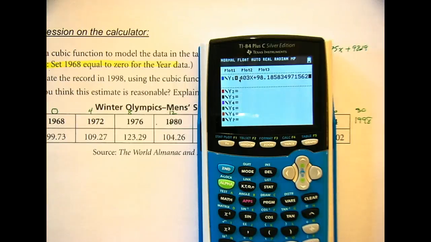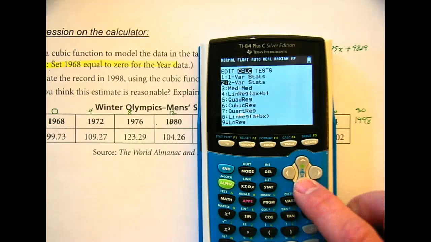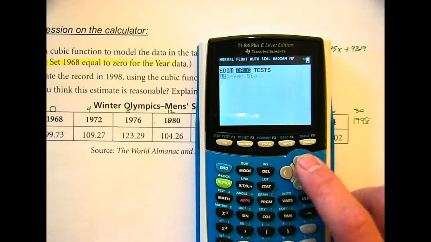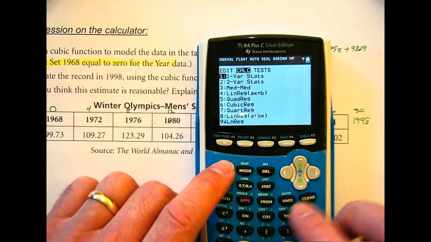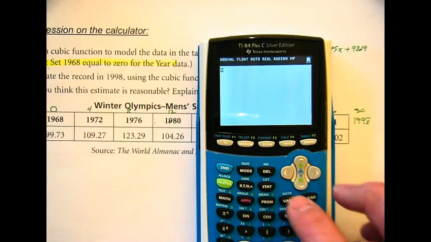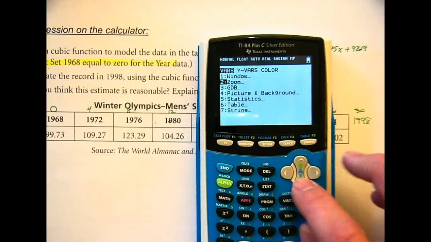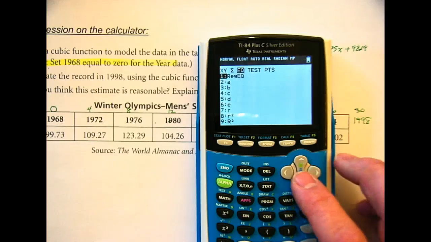What do you do after going to EQ? So you go to stat, calc, stat, excuse me. There's a vars button. Oh, excuse me, that's what I need to do. So go vars, and then stat, and then EQ and option 1.